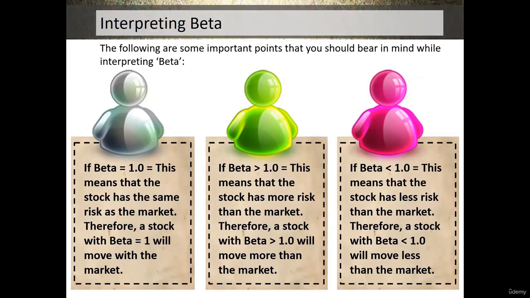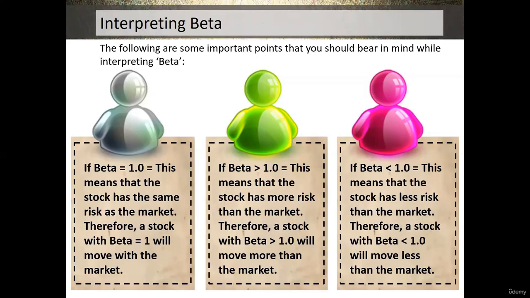So beta of a stock, if it is 1, we will say that if the overall market, let's say Nifty, has increased by 10%, the sensitivity of my stock is equal to the changes which are happening in the overall market.